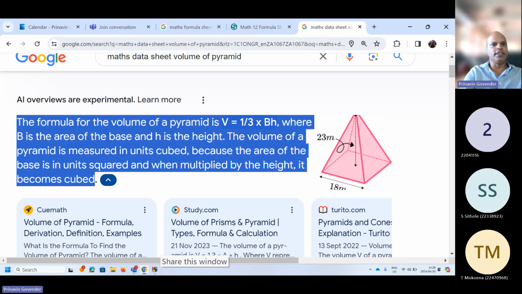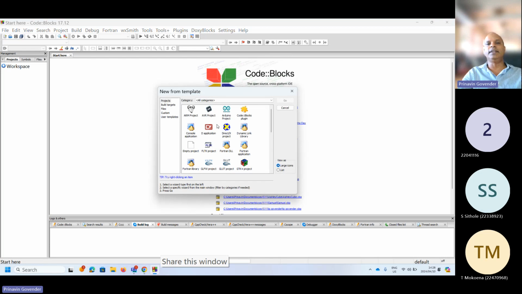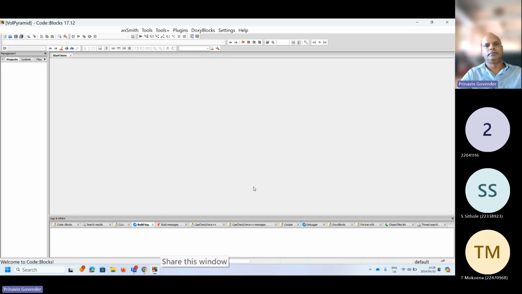So Control C, copy. I am opening up Code::Blocks, and let's give it a nice name like pyramid, volume of a pyramid.